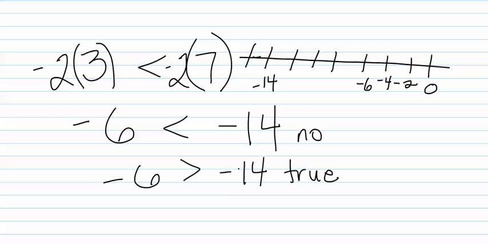For our work with solving inequalities, that means anytime I multiply both sides of an inequality by a negative number, in order to maintain a true statement or find solutions that actually do work, I'm going to have to change the direction of the symbol. And because multiplication and division are inverse operations of each other, not only will we have to make that change when we multiply, but we'll also have to make that change when we divide.